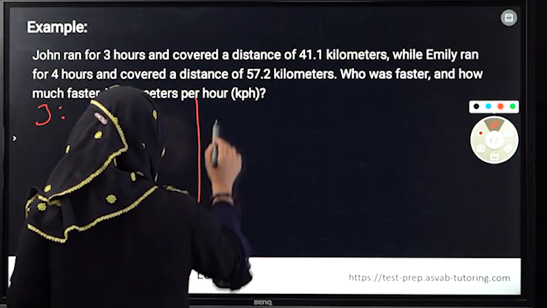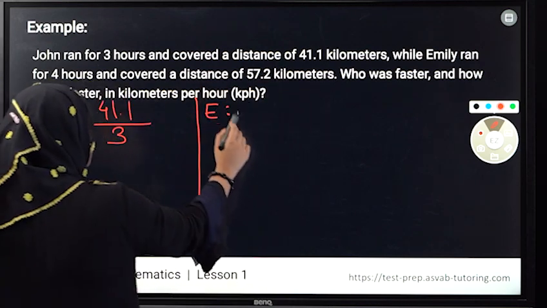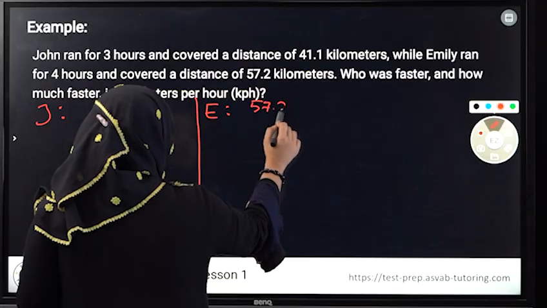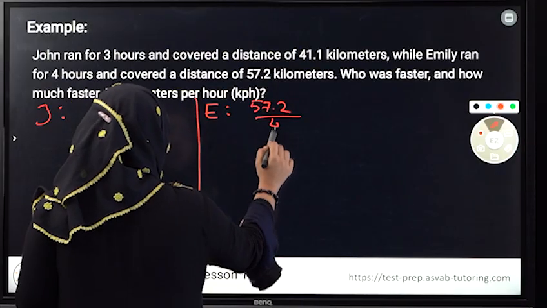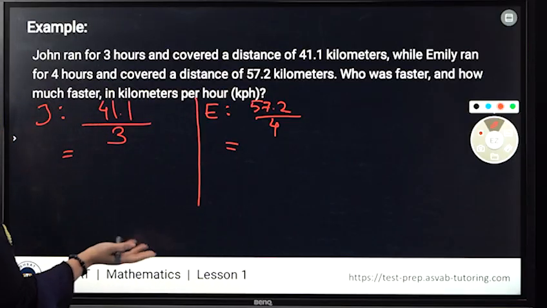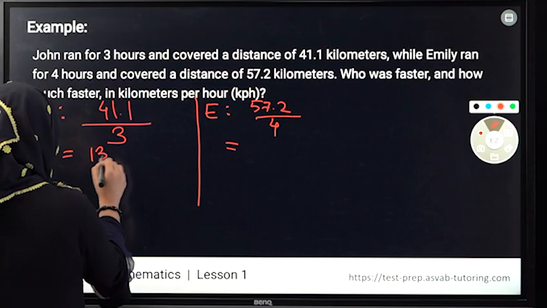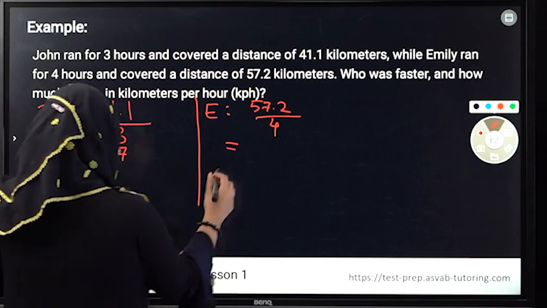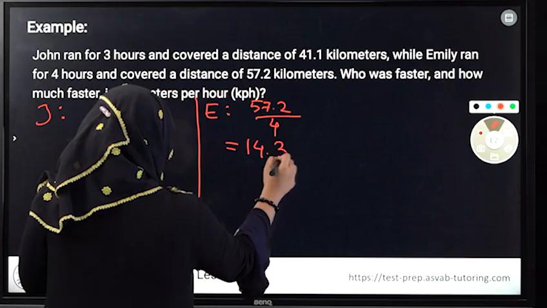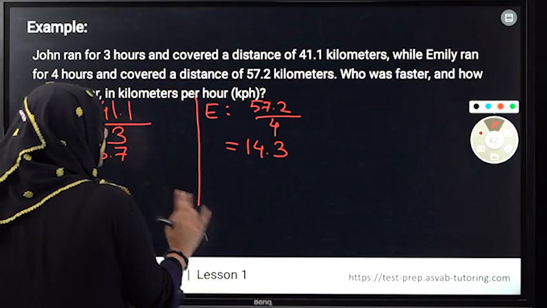And if we want to go for Emily's, the distance was what? 57.2, and the time was 4. So if we want to divide them, I'm not going to show you all of the workings because I do understand by now you are familiar with how to divide them. So this is your answer. So these are both of the speeds, yeah?